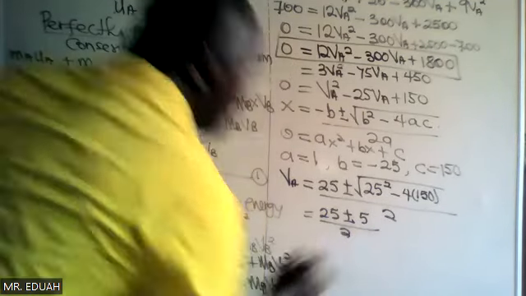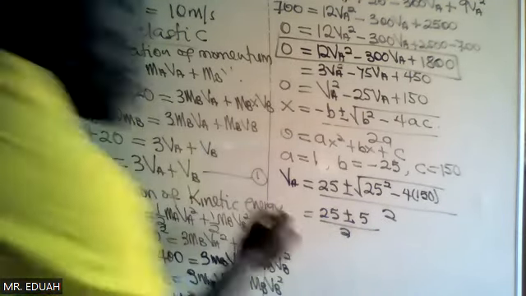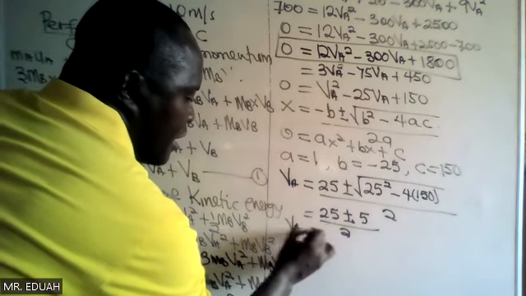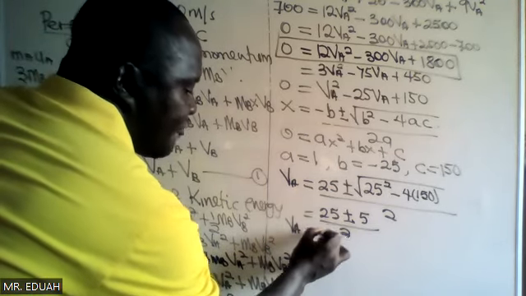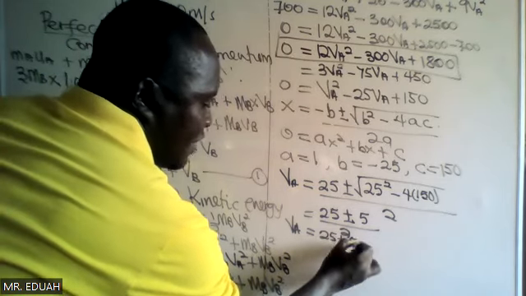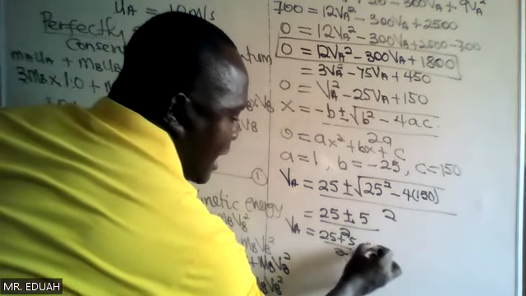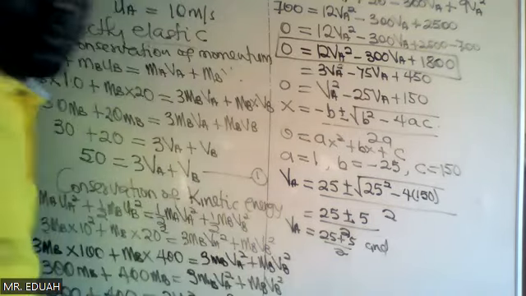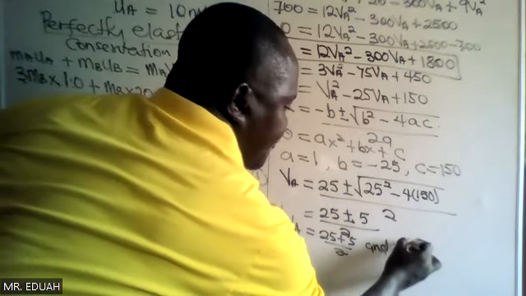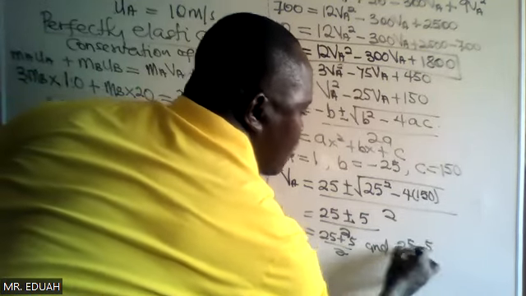So we have two answers for VA: 25 plus 5 over 2, and 25 minus 5 over 2.